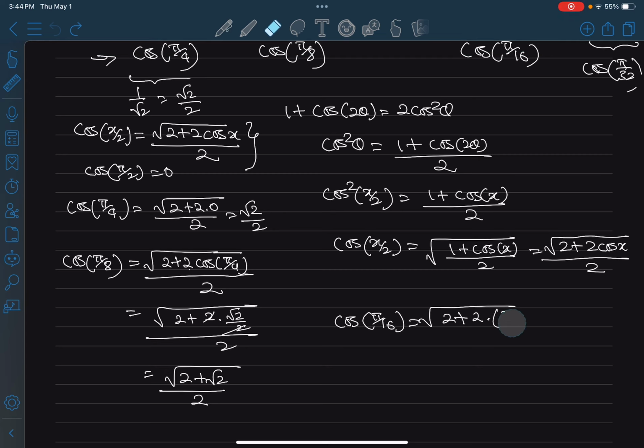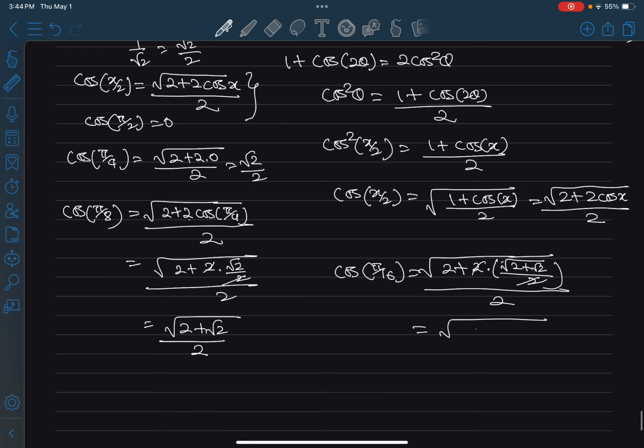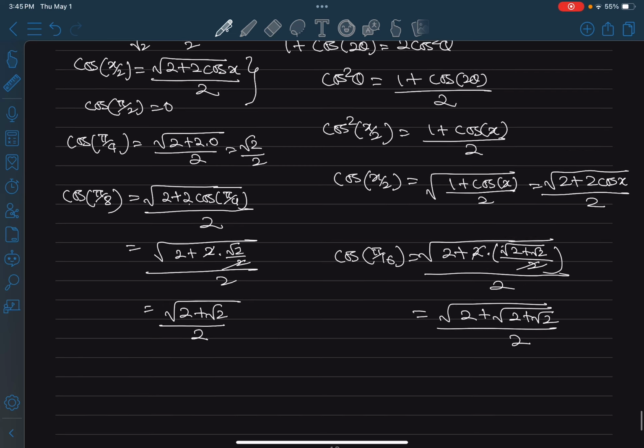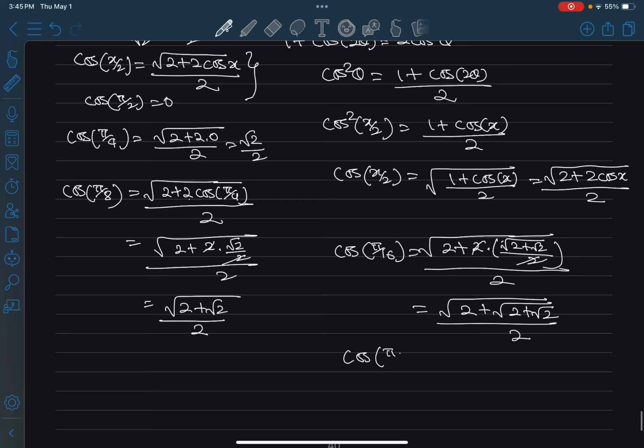Here, this is not actually just 2 plus root 2 by 2. This is actually the square root of 2 plus root 2 by 2, right? And this is whole divided by 2. Again, these two cancel out, which gives us the square root of 2 plus the square root of 2 plus the square root of 2, divided by 2, right? And you can see basically this 2 in the denominator just cancels out. If you want to find cos of pi over 32, there's a 2 in front, because of which again we just get 2 plus this expression, which is 2 plus root 2 plus root 2, and everything divided by 2.